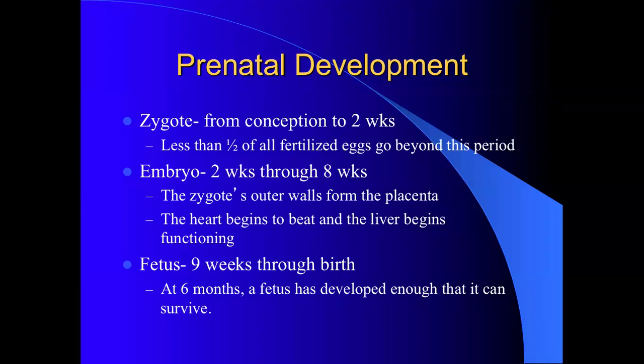And if it does latch on, then we have further growth. The embryonic period refers to weeks 2 through 8 prenatally. And here we start to see the outer wall of the zygote form the placenta. We start to see heartbeat and liver functioning. And then the fetal period is from week 9 or the end of week 8 all the way till birth.